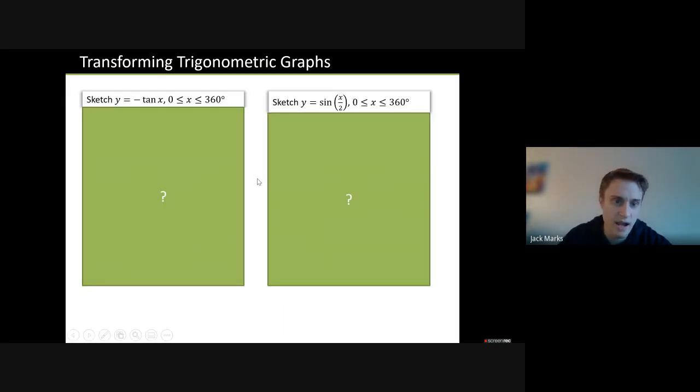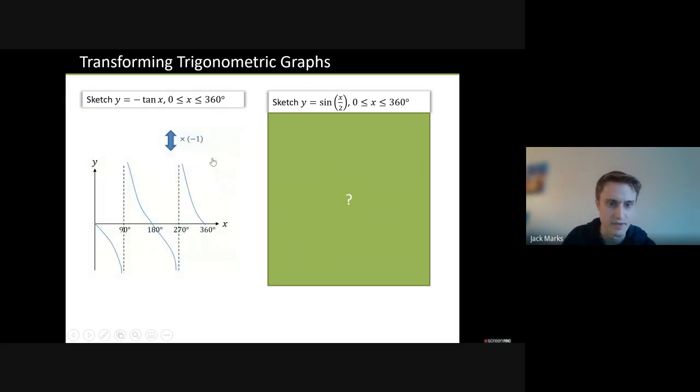Okay, pause the video, have a go at these two transformations on the screen. And if we've done that, we have a reflection. So instead of going this way, this is being reflected in the x-axis. This is a transformation inside the function, dividing by 2.